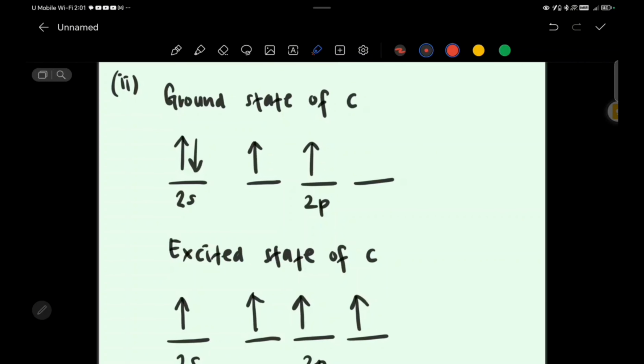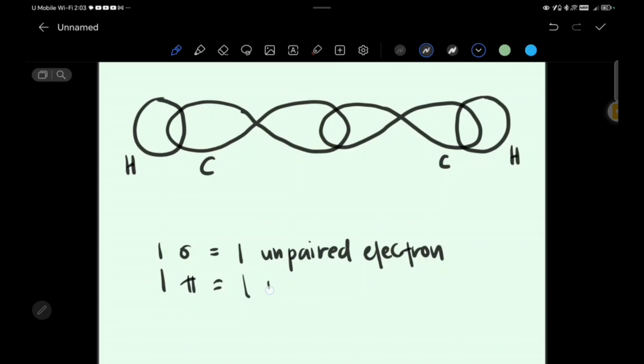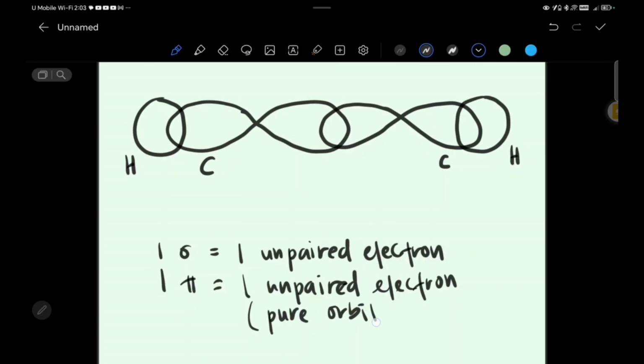So we use 1, 2, 3 and 4. 1 sigma bond equals 1 unpaired electron, and 1 pi bond equals 1 unpaired electron, but in pure p orbital. We need to memorize this.